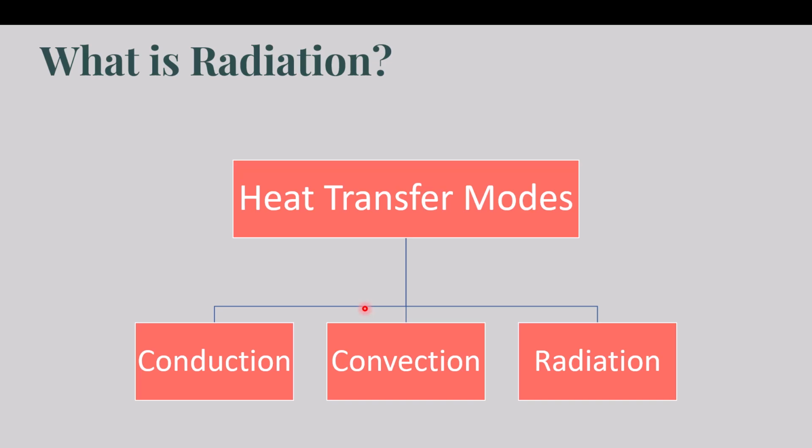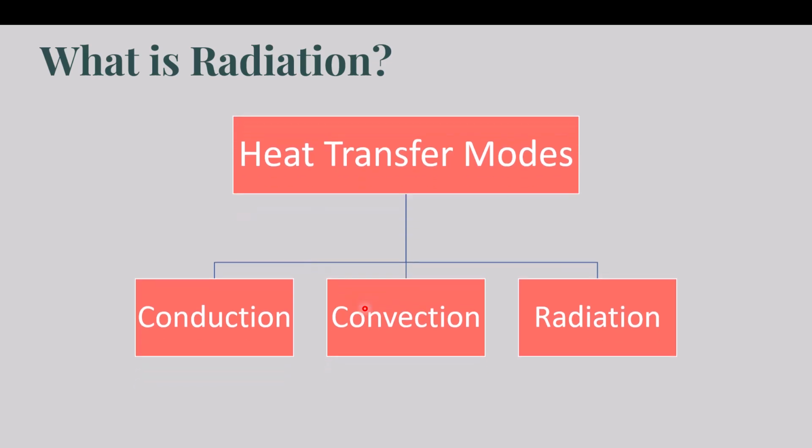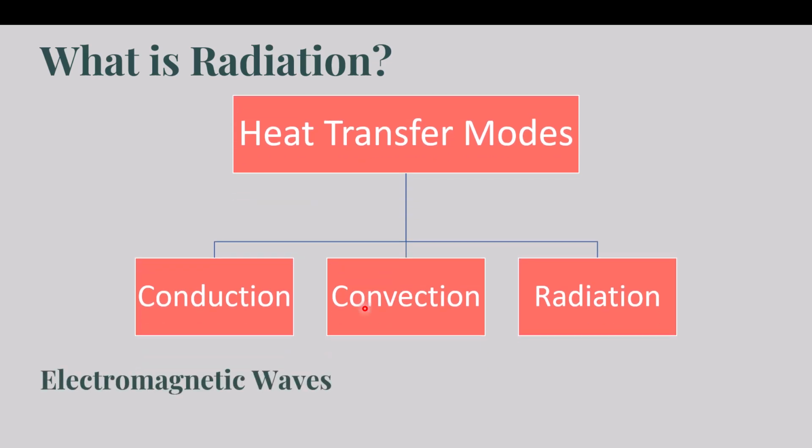And there are two physical aspects that I want you to know about radiation. The first one is the source of radiation energy transfer, and it is electromagnetic waves. So any surface that is at a non-zero temperature is going to send photons or electromagnetic waves, and that is going to transfer energy.